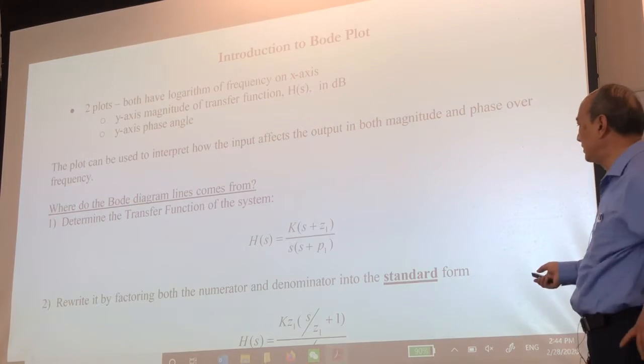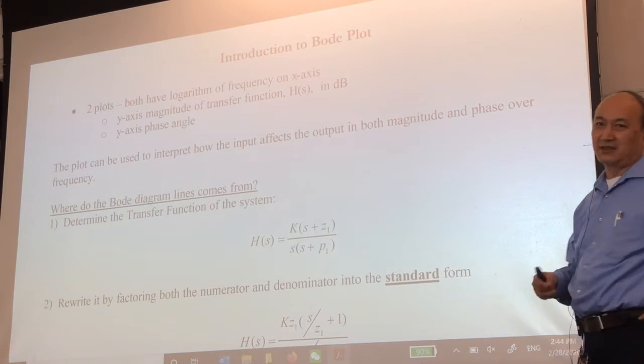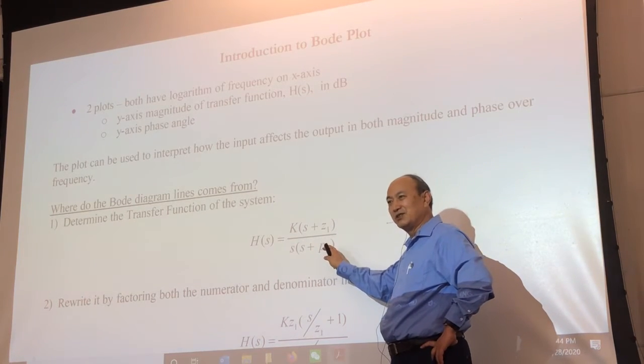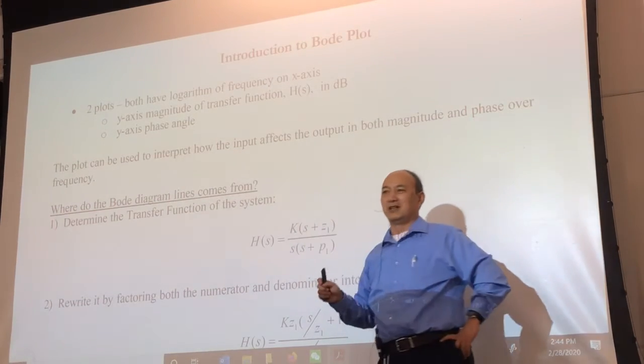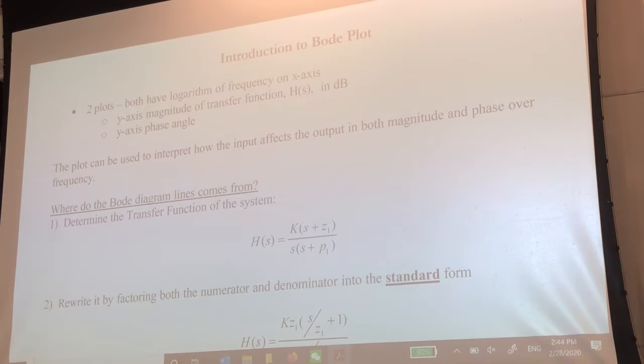The first step is to convert to PZK format, pole zero gain format. In MATLAB, there is a dedicated command called PZK.